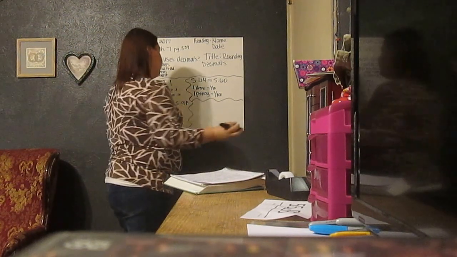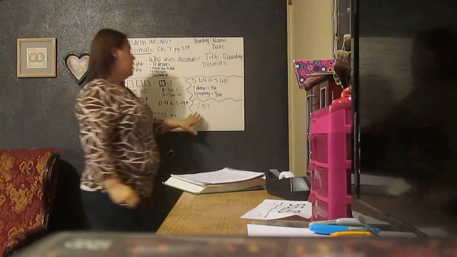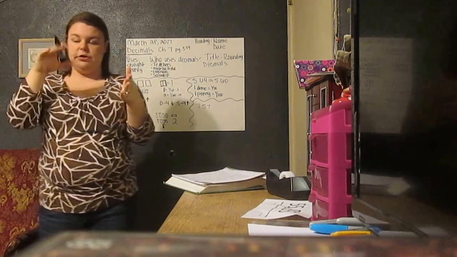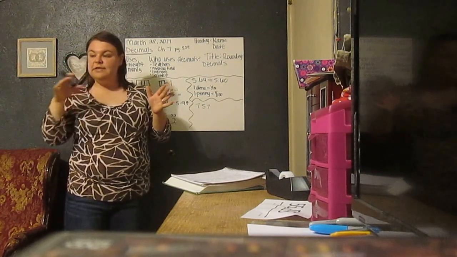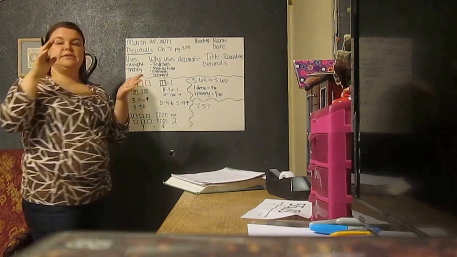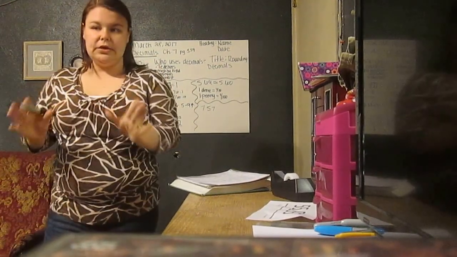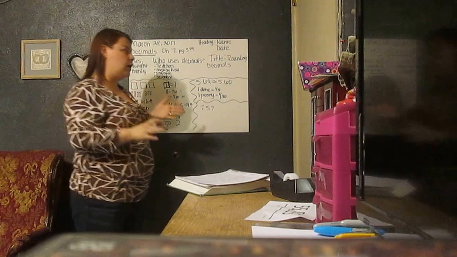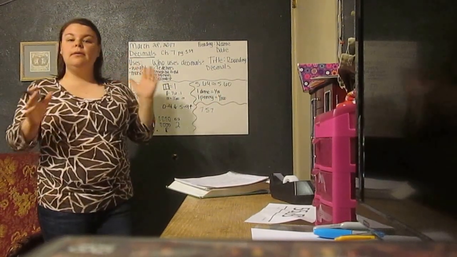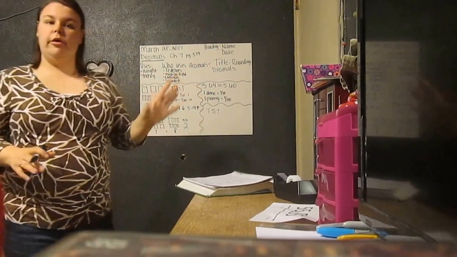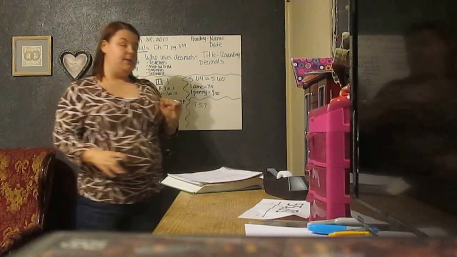So if your number is $7.57, then you would paste the 7 $1 bills, and then you would paste 5 dimes, and then you would paste 7 pennies. We're not using quarters and nickels because we're only focusing on the 1/10 and 1/100th place values, and that's why we're only using the single dollar bills, the dimes, and the pennies.